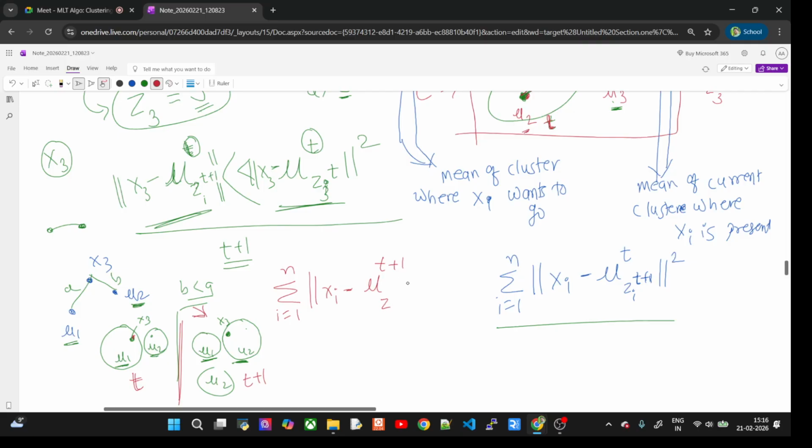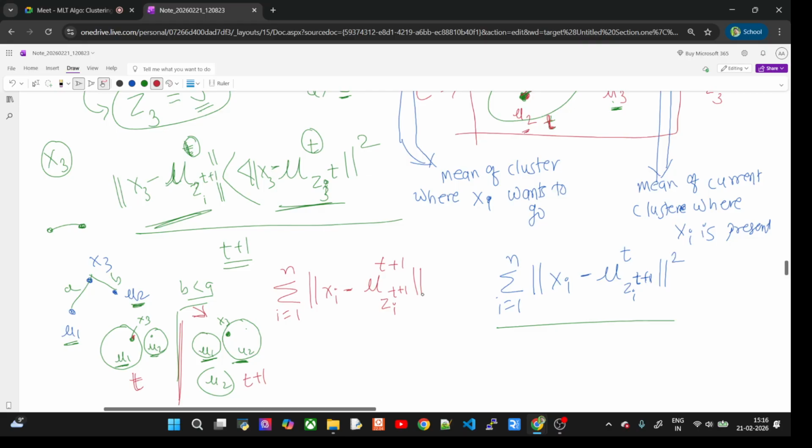Whatever he is thinking, maybe I am now at the correct iteration, but this x3 is every time thinking about jumping.